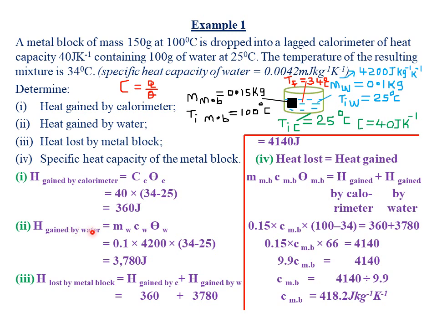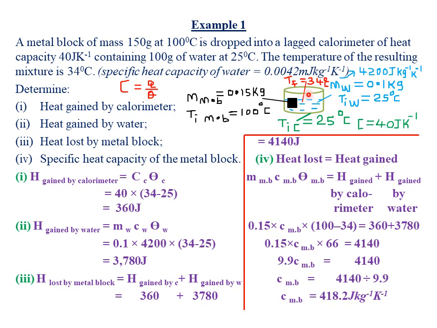Therefore, the heat gained by water will be equal to mass of water multiplied by the specific heat capacity of water multiplied by the change in temperature for the water. So the mass of water we were given as 0.1 kg. So 0.1 multiplied by the specific heat capacity for water, which we have just found as 4200 joules per kilogram per Kelvin, times the change in temperature for the water.